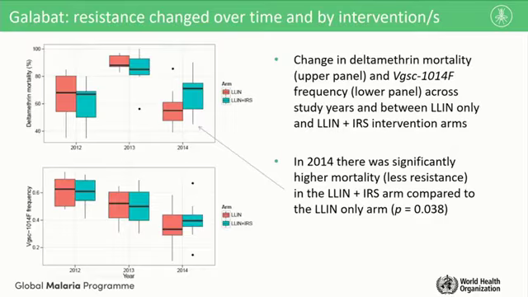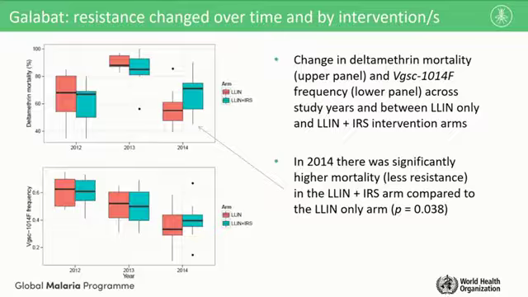Again, looking at deltamethrin and KDR frequencies, there was this decrease in KDR frequencies we've been observing across the study community, so no significant change here. But what is noticeable and significant was this possible retardation of emergence of deltamethrin resistance in the dual intervention arm.